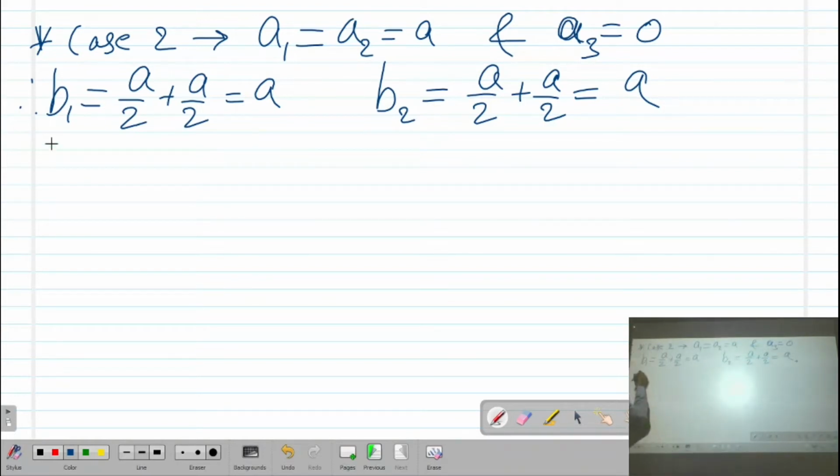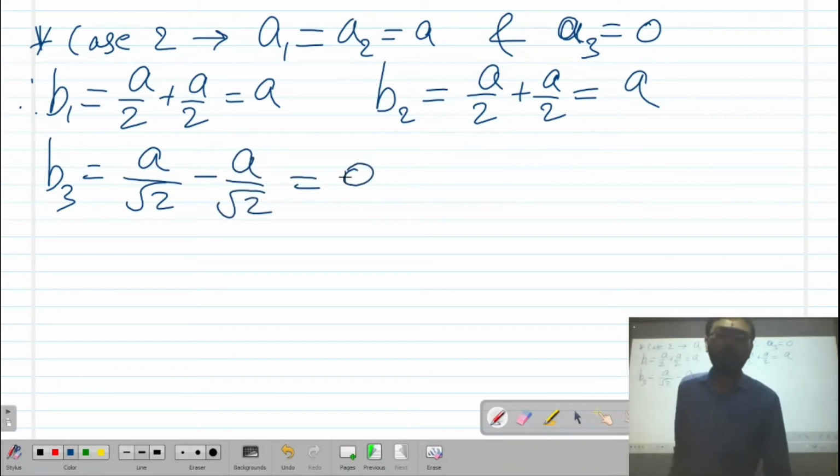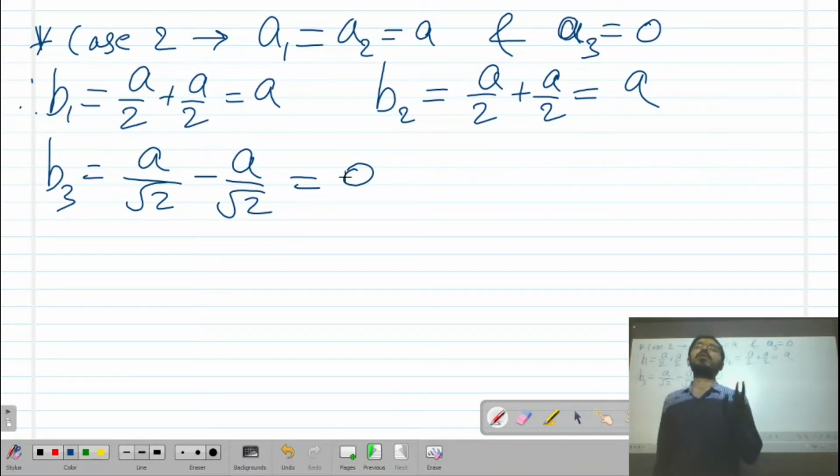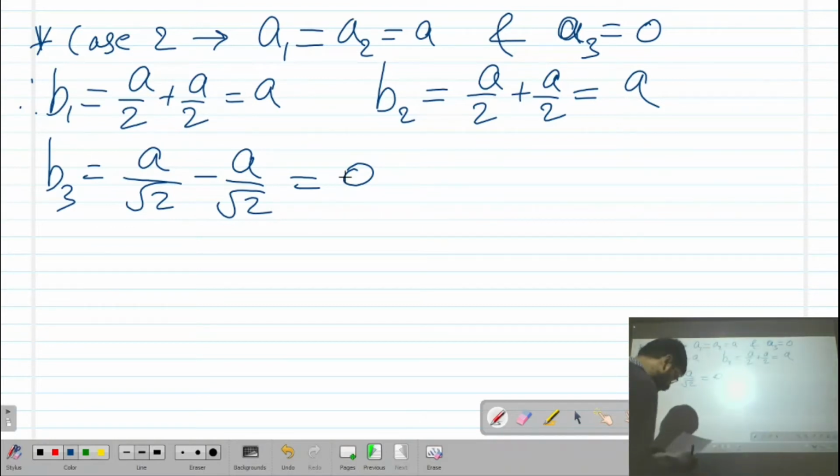Then B3 will be equal to A by root 2 minus A by root 2 is equal to 0. Means if you apply input at port 1 and port 2 of equal amount, you will not get output at port 3.